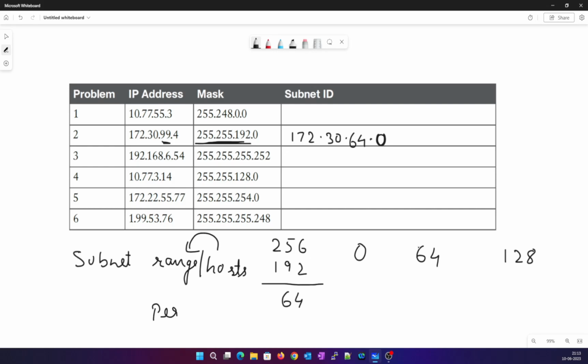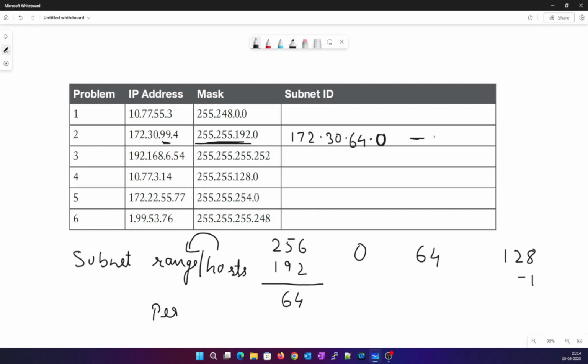So here in this example, this 64 is the lowest between 64 and 128, and hence it becomes our subnet ID. Now, what would be the broadcast address for this subnet range? The broadcast address of this subnet range would be one less value from this 128.